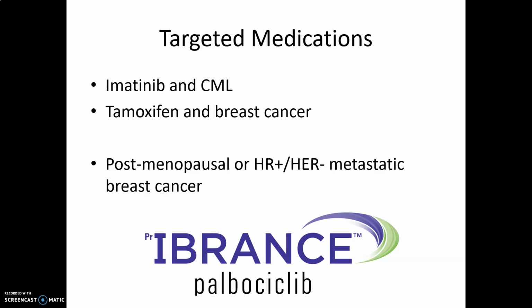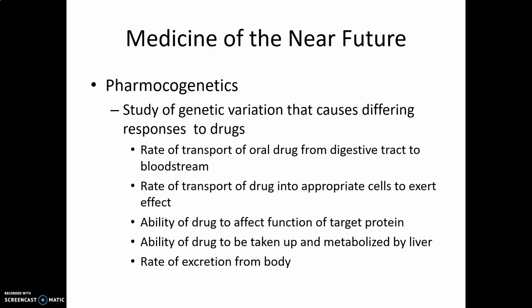So by profiling the tumors to see what the mutations are specific to that, and by genotyping our patient to see what their specific genetics are, allows us to make specific target medication that is more potent in combating their disease, or in this case, cancer.